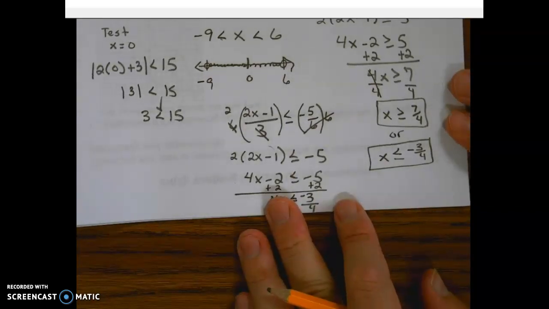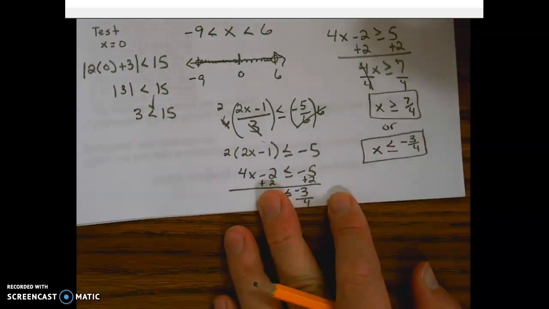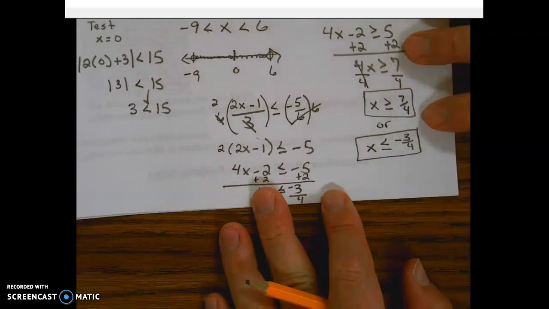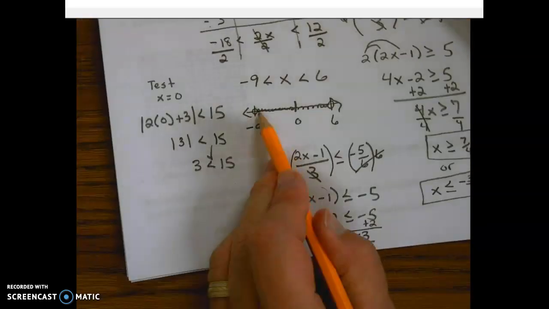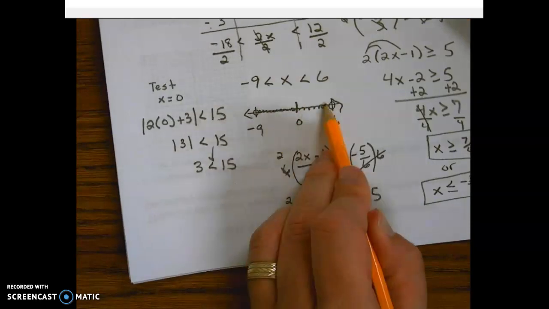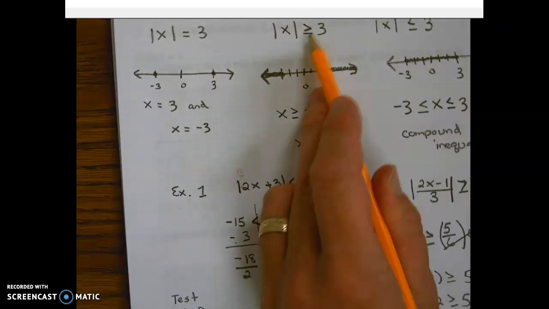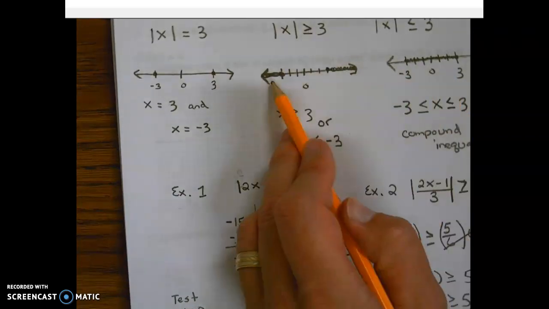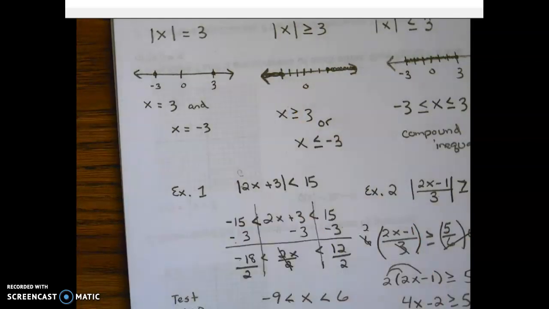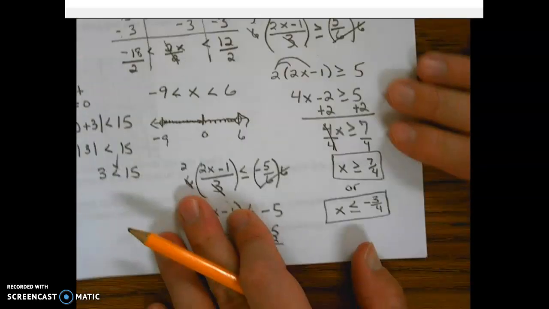All right, so let's see what this looks like on a number line. Remember the previous example, the solutions were found between, and so this one, since it was a greater than, the solution should be on the outside. So let's go ahead and do that.